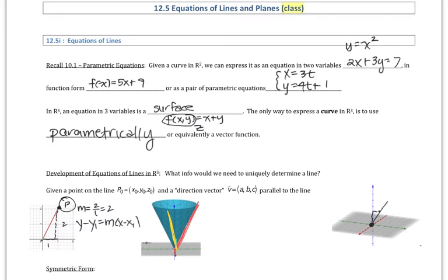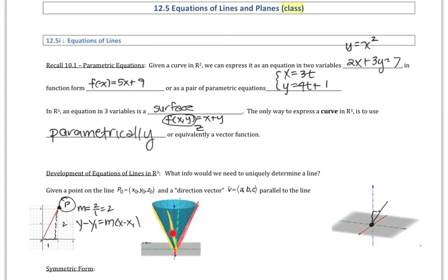If I go straight backward, it's the same steepness. If I go over here to the left, it's the same steepness. In fact, any path that I take along this cone, the steepness would be 2. So that information, point and slope, will give me a unique line in 2 dimensions.